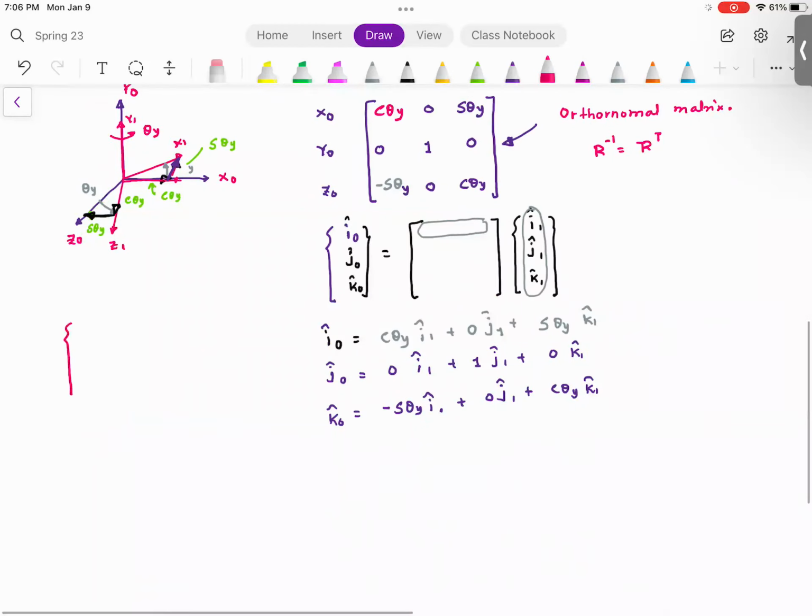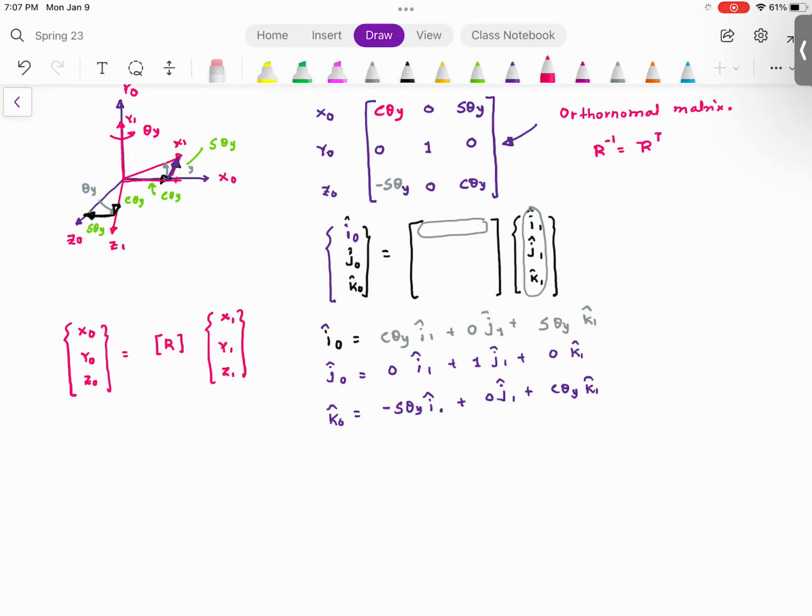Imagine I have a vector like x0, y0, z0, and I have a rotation matrix. And this rotation matrix is x1, y1, z1.